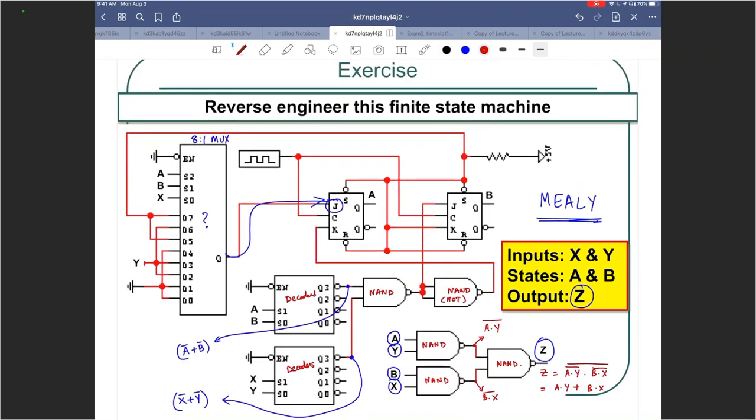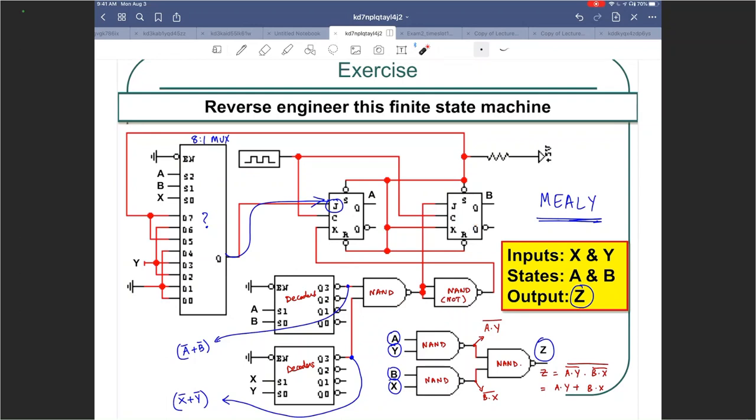But if you do all of that, I hope, what are you going to use to write A plus in terms of the input here, JA? KA, by the way, is coming from this guy. Again, you are going to use the characteristic equation for the JK flip-flops, two of them.